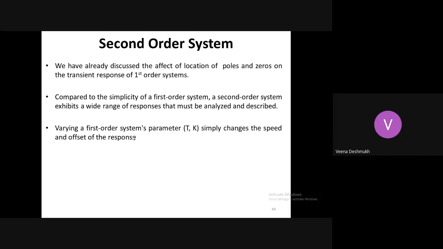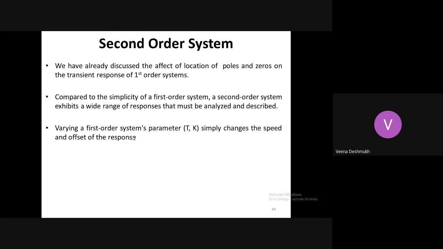First thing here, the concept of time constant does not arise. If you have only one energy storing element, either L or C, you come across the concept of time constant.